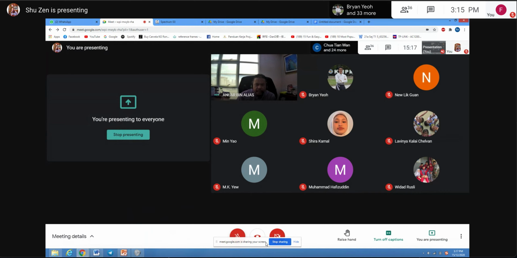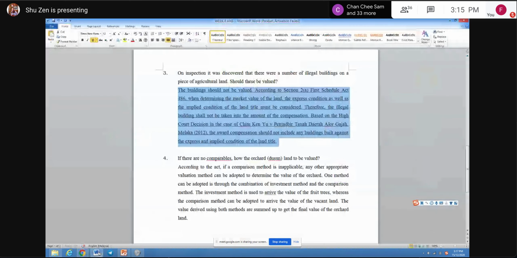Okay. Share. So the underlined one is the answer. You cannot change the color. Okay, never mind, the color is fine.